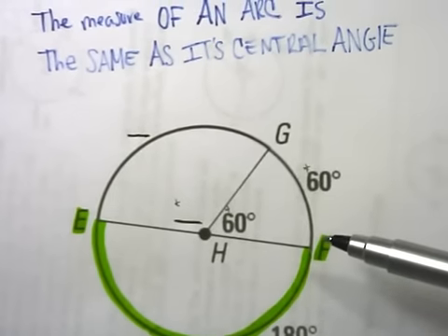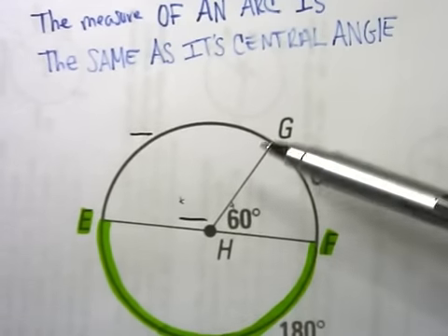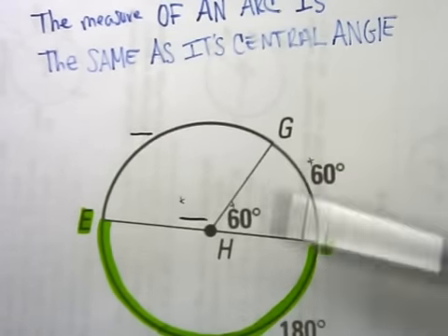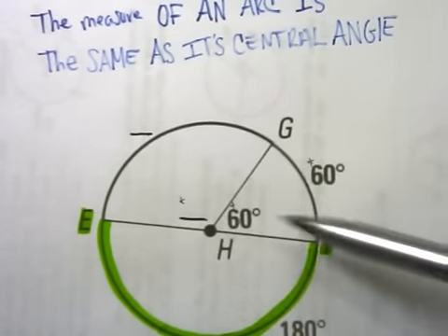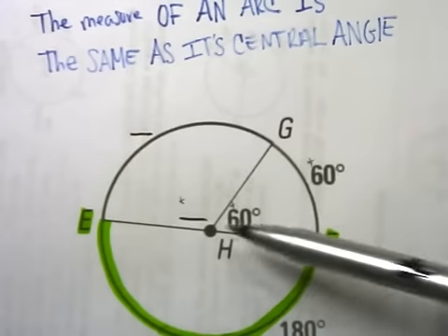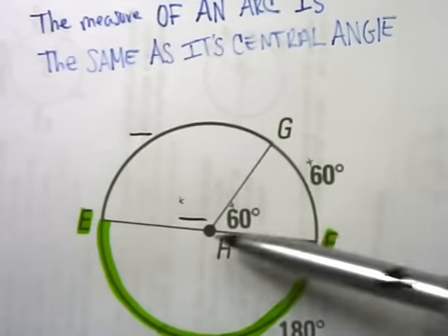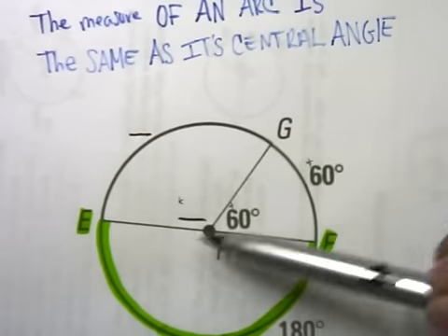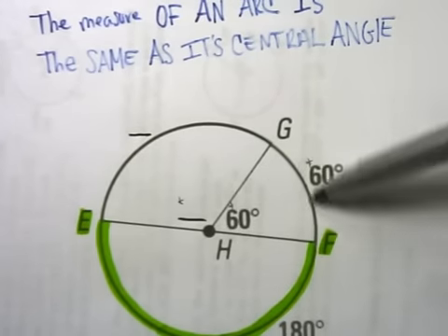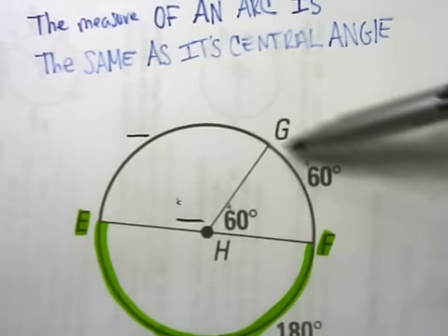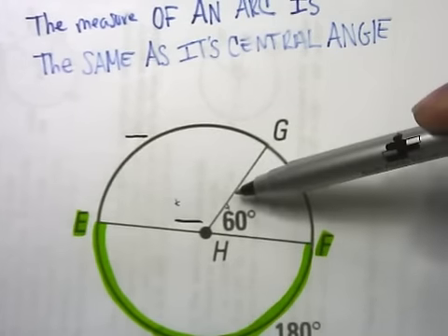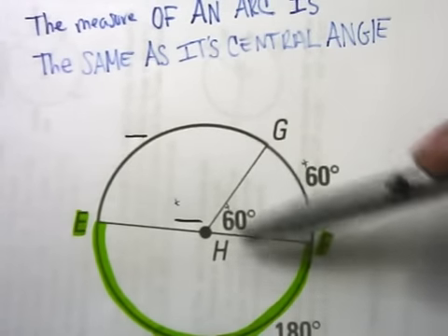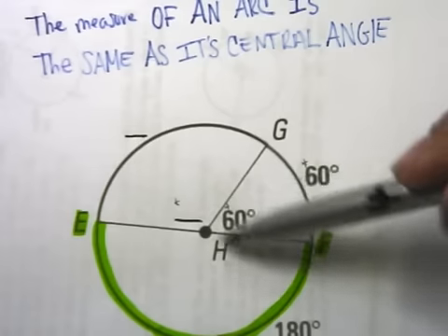Let's discuss this central angle here and the arc that it creates. The rule states that the measure of an arc is the same as its central angle. So look at this central angle here, angle GHF or FHG. This central angle creates this arc right here on the circle.